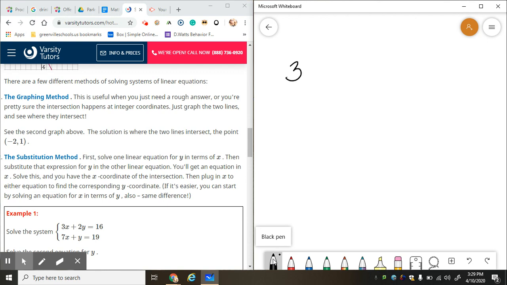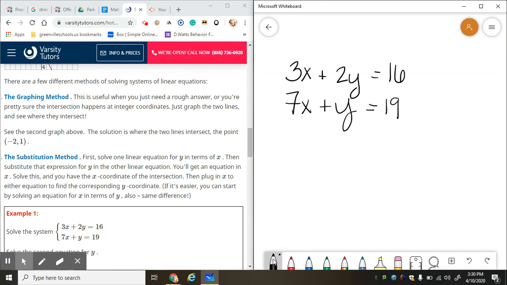We have 3x plus 2y equals 16 and 7x plus y equals 19. There are several different ways to figure this out. There's a graphing method, just like we did in the previous example.